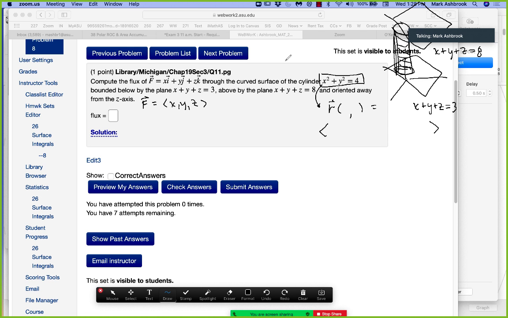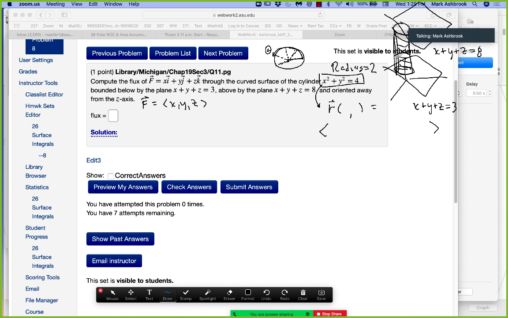So r and theta would be a variable r for every distance, and then a theta going around. Do we need to take into account lots of r's here? No. R is always 2 for every point on the surface, so we're not going to use r as a variable.